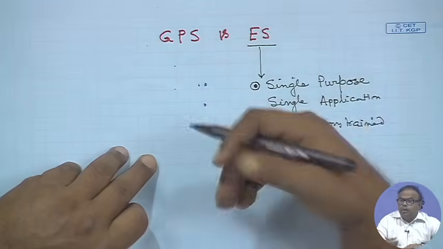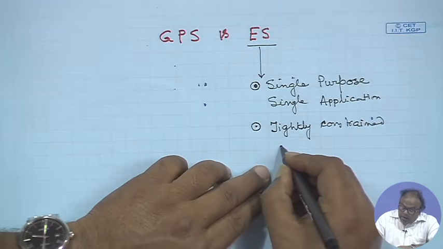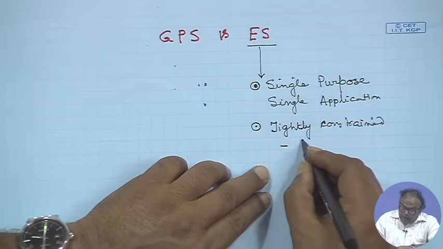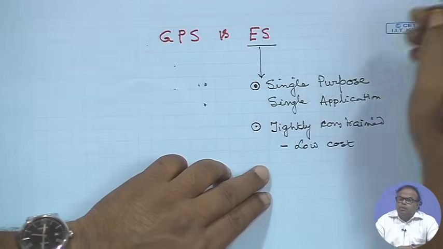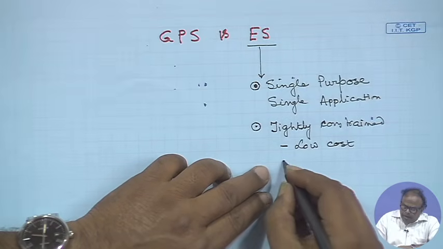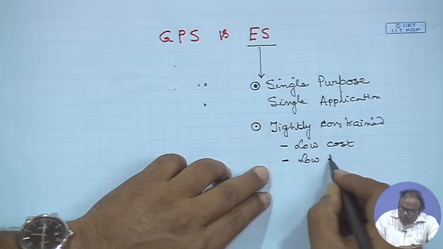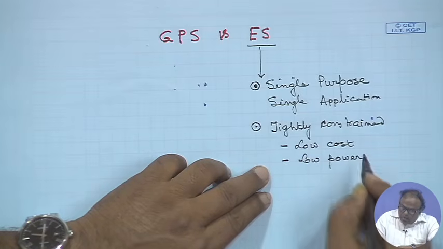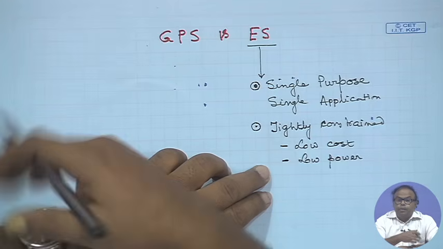It can be used for different purposes. Now, it is tightly constrained in terms of what? It must be low cost. The cost cannot be exorbitant like a general purpose server, right. It should be low power. Mostly we would like to run this on battery. It should be portable.